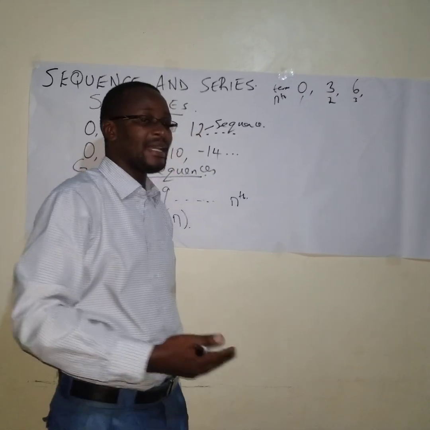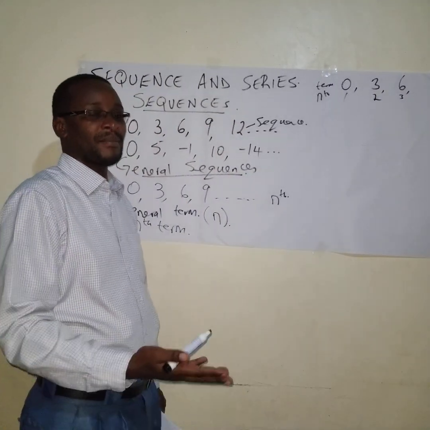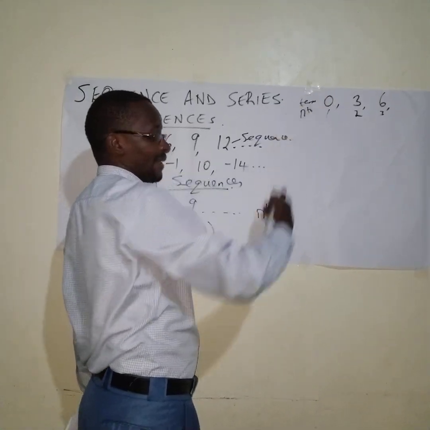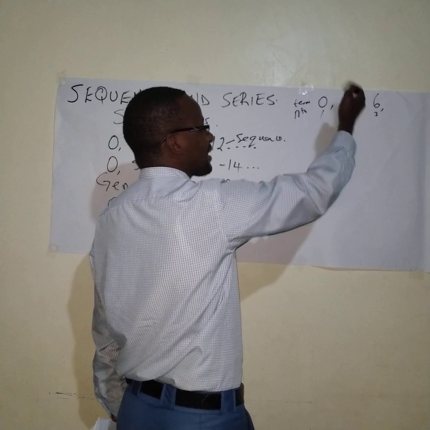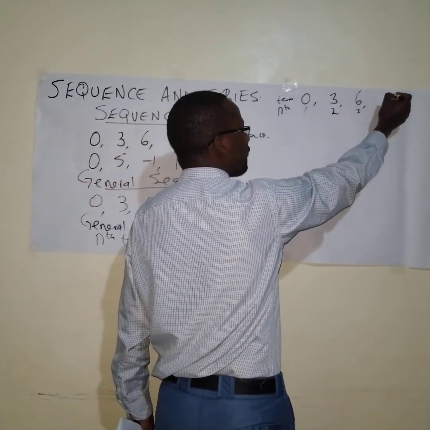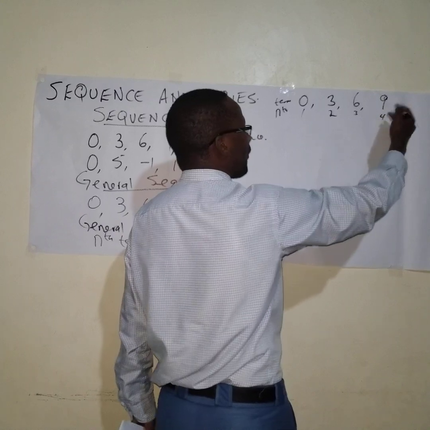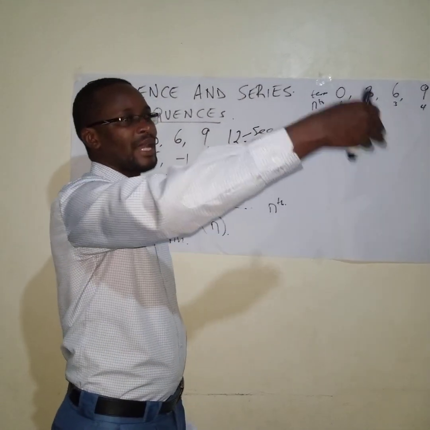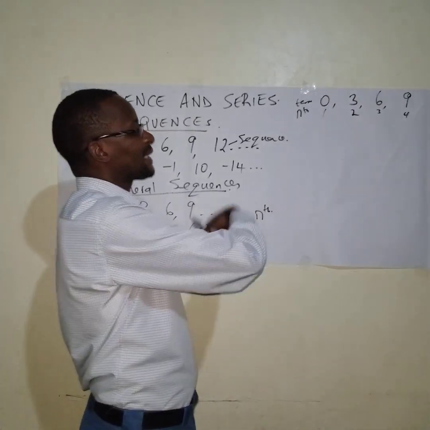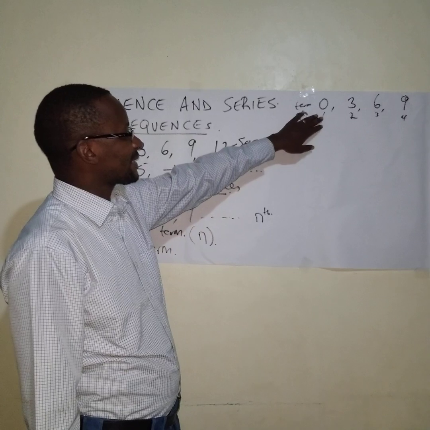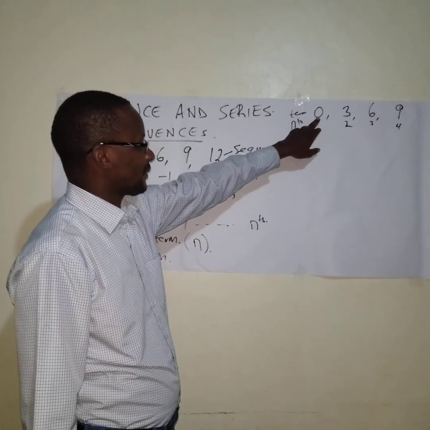So n here is referring to the number of term, the nth term. 0 is the first term, so n is 1. 3 is the second term. 6 is the third term. 9 will be the fourth term. Because for the number of terms, you don't skip. It's 1, 2, 3, 4 like that. So you can go up to the 10th term. So if you look at the first term here, it is 0.